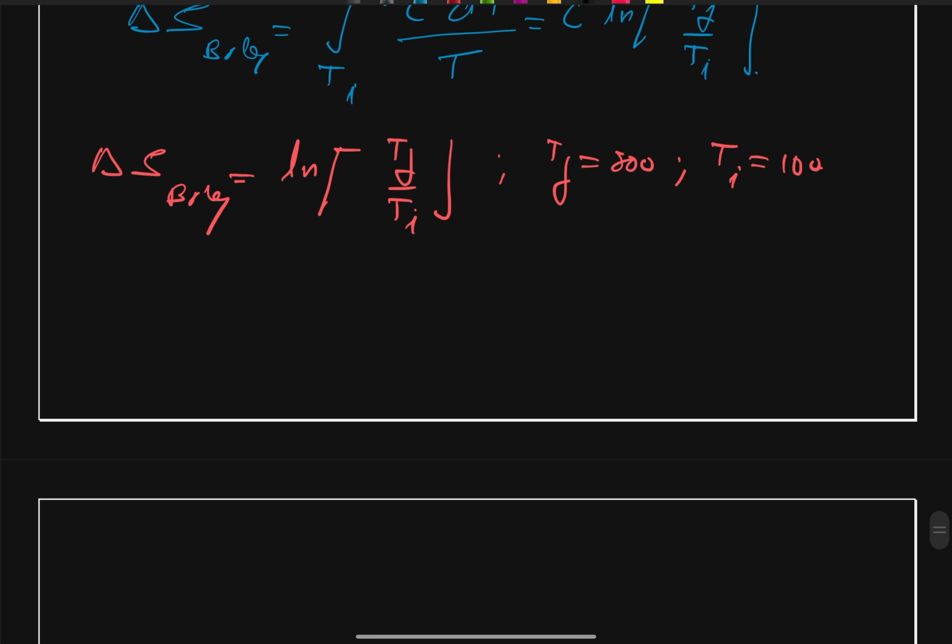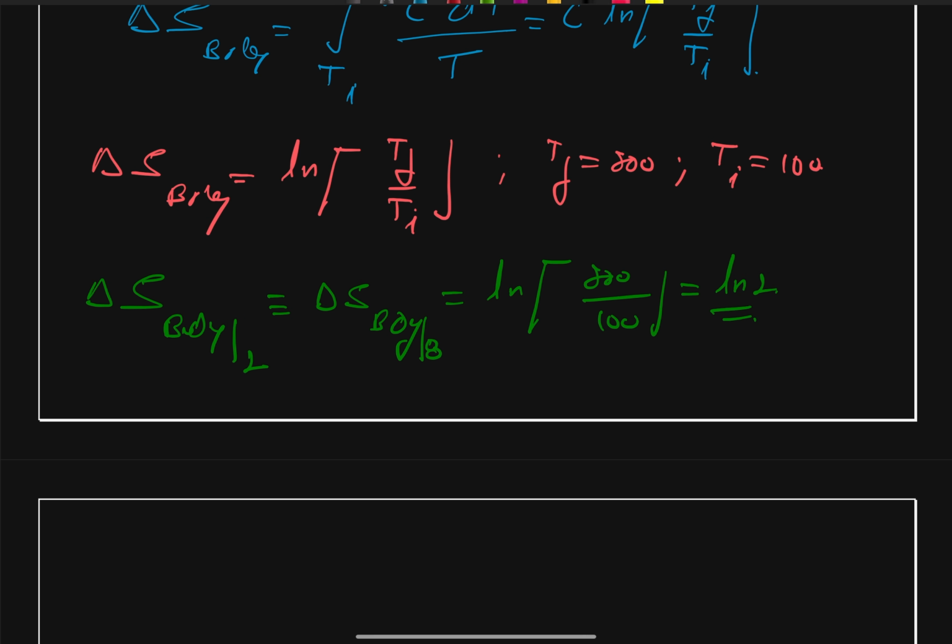In both cases, the final temperature is 200 and the initial temperature is 100. Therefore, delta S body for two reservoirs will be equal to delta S body for 8 reservoirs, which is natural log of 200 upon 100, which gives us natural log of 2.